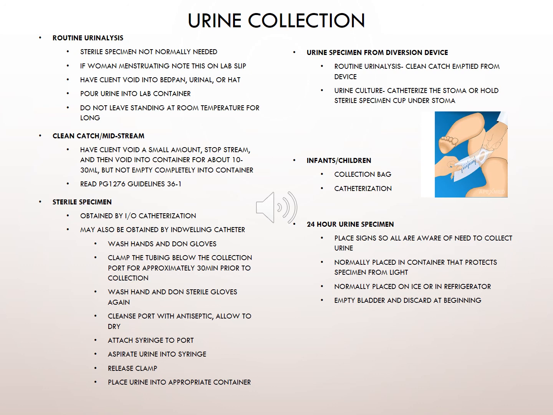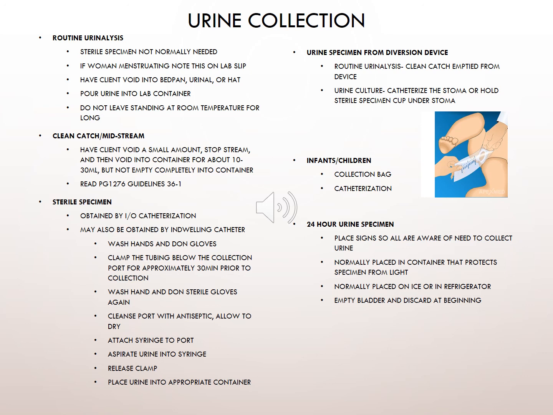So we can have that patient void in their bedpan or their urinal or their hat, and we can pour that into a lab container, label that with the patient's information, and send that down to the lab. The important thing is once we gather that, we don't want to leave it standing very long at room temperature. So it's important to have the patient call out when they void, if we know we're trying to collect a urine sample, so we can immediately go in there, obtain that, and send that down to lab.